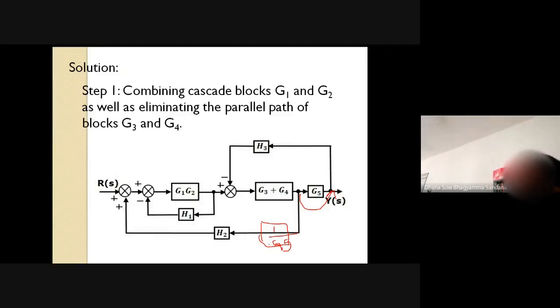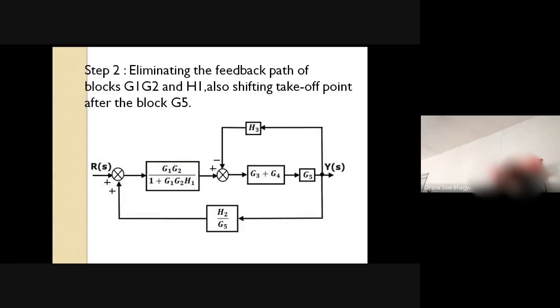So 1 by G5 is in series with H2. I can simply multiply H2 and 1 by G5 when this branch point is moved ahead of G5. In the next slide you can see H2 by G5.